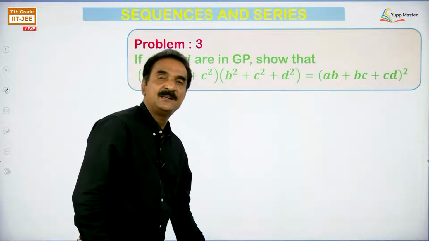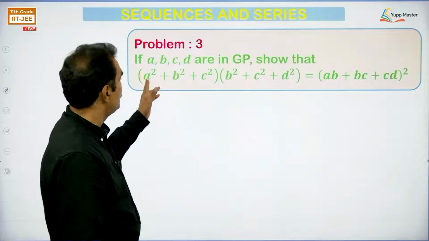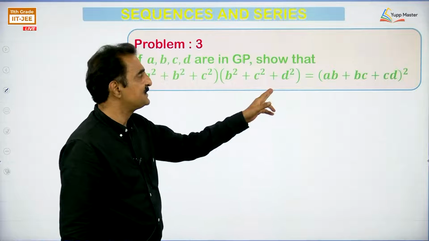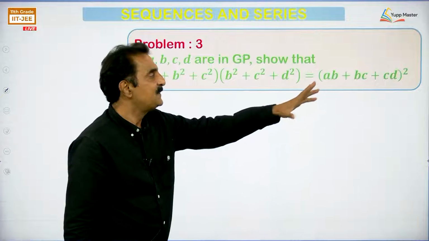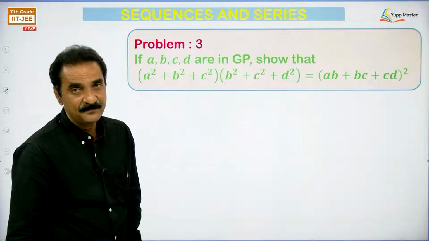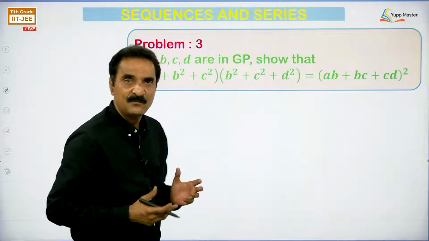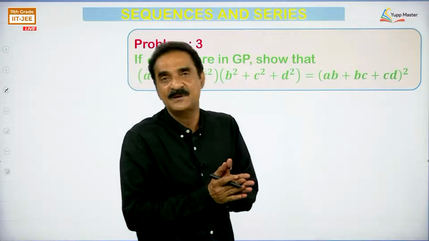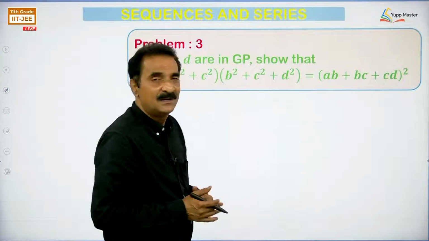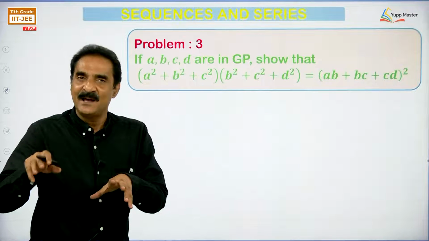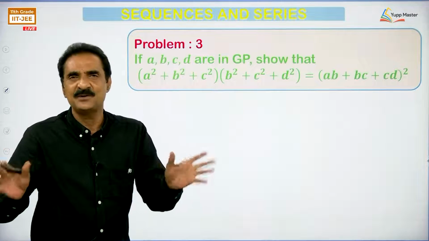If a, b, c, d are in GP, show that (a square plus b square plus c square) into (b square plus c square plus d square) is equal to (ab plus bc plus cd) whole square. Here there is no calculation involving the product of all three or all four numbers, so no need to take the numbers as a by r cube, a by r, ar, ar cube. You can take them in the usual way.